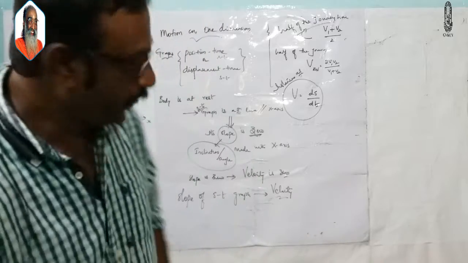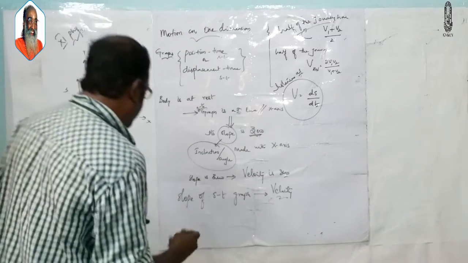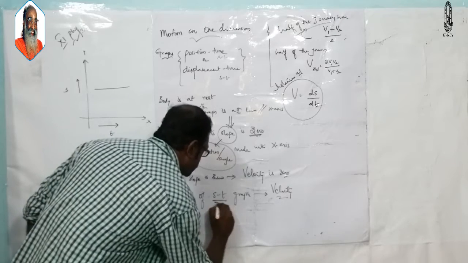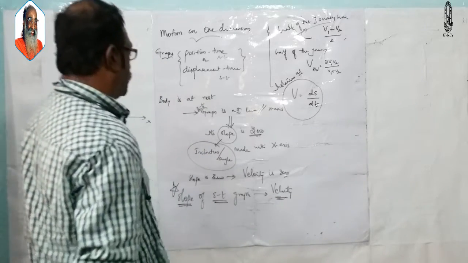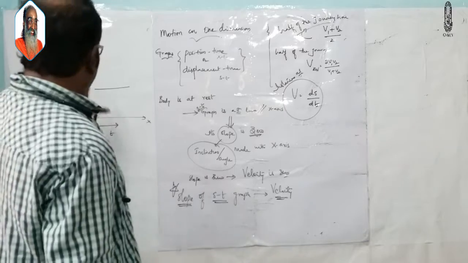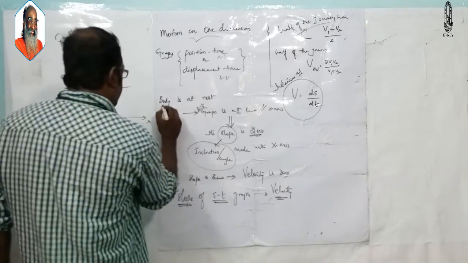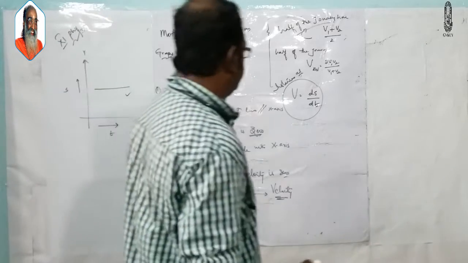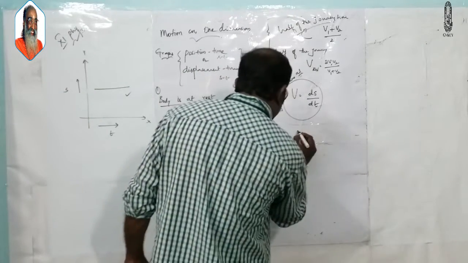Okay. So we have extracted a very, very important point here. The slope of the st graph is giving you velocity. So now we have taken one example, one situation here, and we have made a graph for this like this. We'll go for another case.